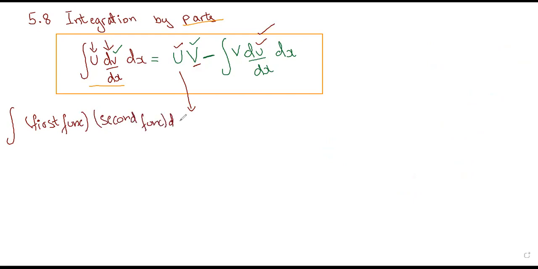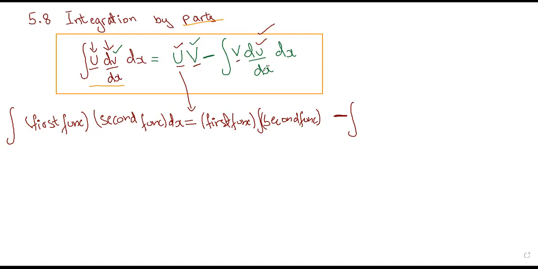Don't think of it as a derivative or something like that. So the first function u would come here as it is, then the integration of the second function. The minus sign would come here, the integral would come here.